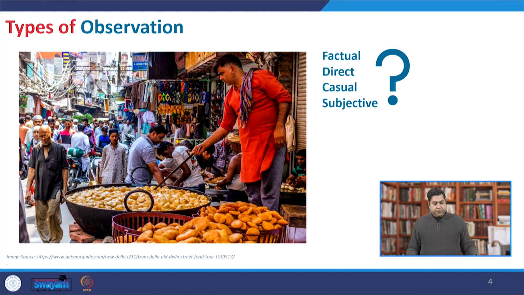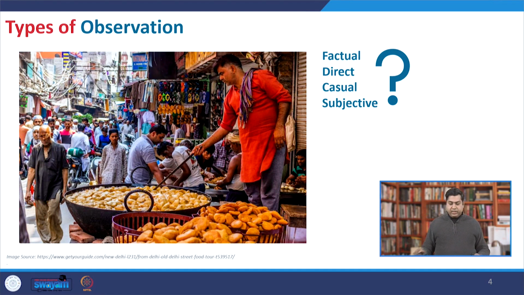Now, types of observation. In this particular case, I have just taken one random photograph from the internet, and this is the photograph. So, say for example, if we try to understand what are the components that we can observe, it depends on the observer or the intended purpose.